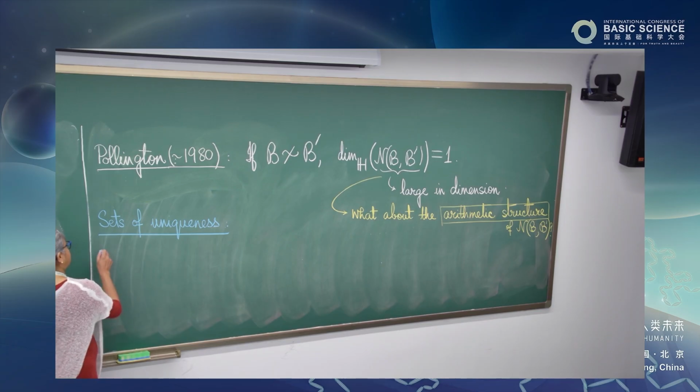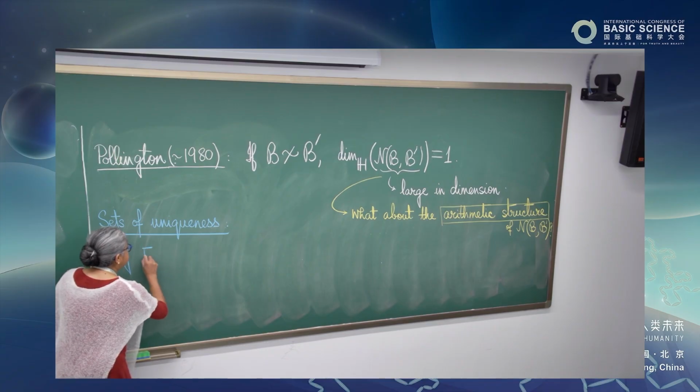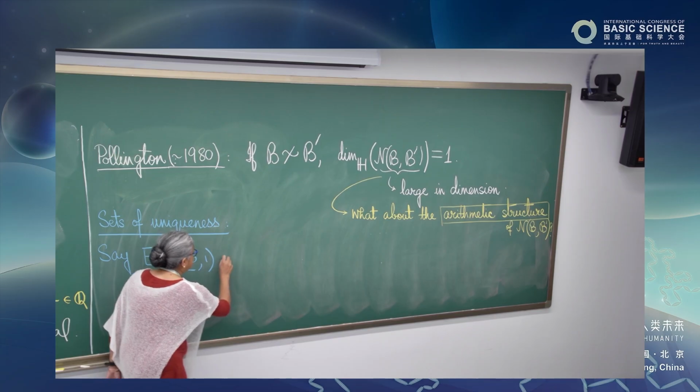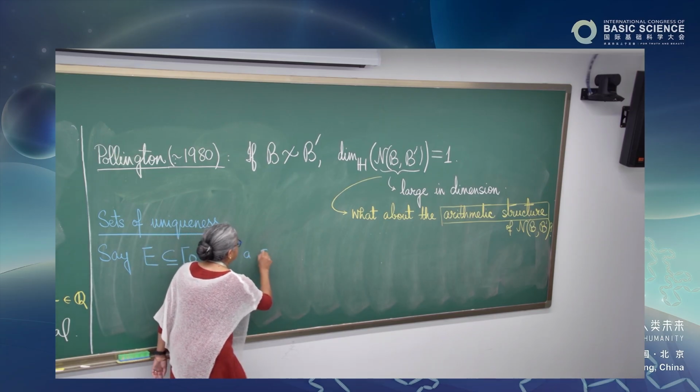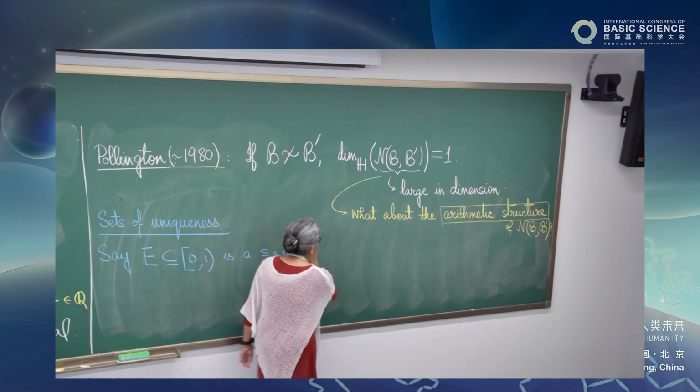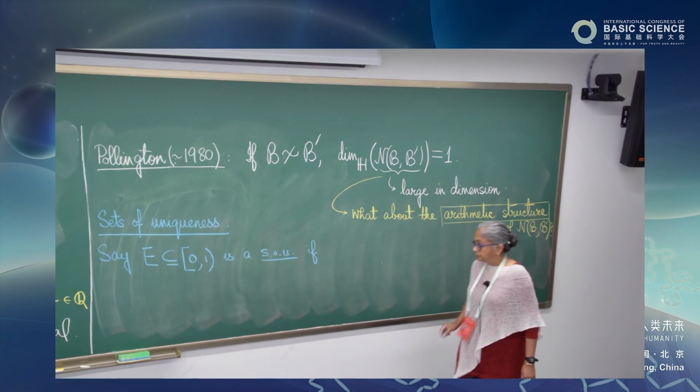What is a set of uniqueness? We say that a set E of the unit torus is a set of uniqueness if the following is true.